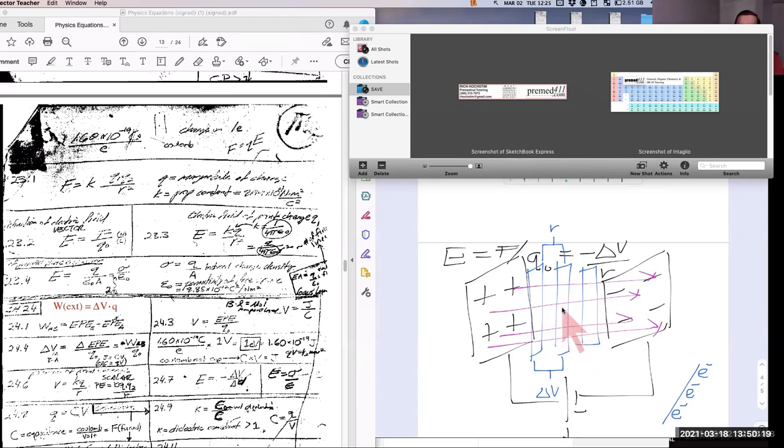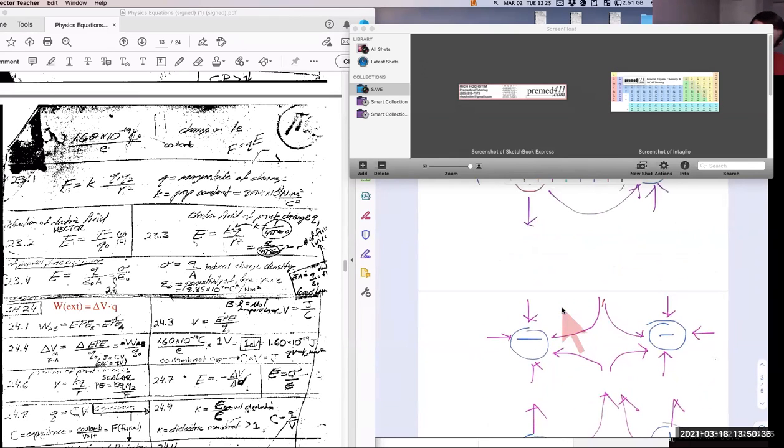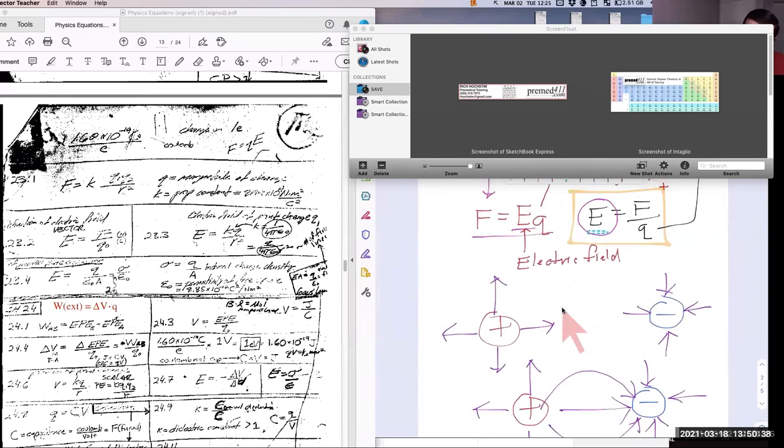See that? They're all perpendicular. So a question would be, is that going to be true when this is not uniform? And the answer is yes. So it tells us something important here.